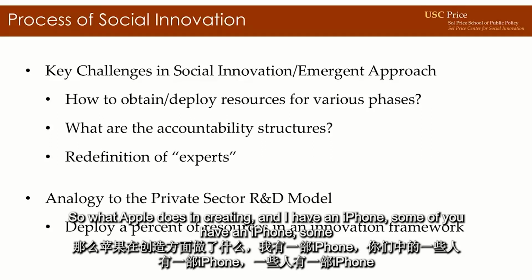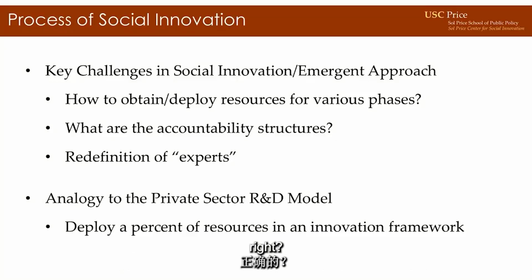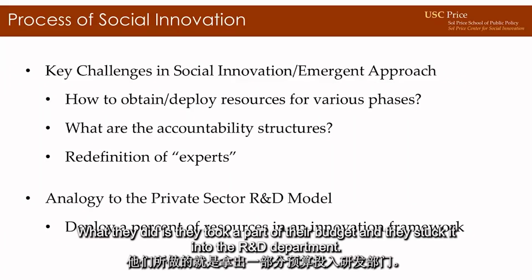So what Apple does in creating, and I have an iPhone, some of you have an iPhone, some of you have a Samsung, and so forth, I think we could all agree this is an innovation, right? The iPhone was an innovation. What they did is they took a part of their budget and they stuck it into the R&D department.